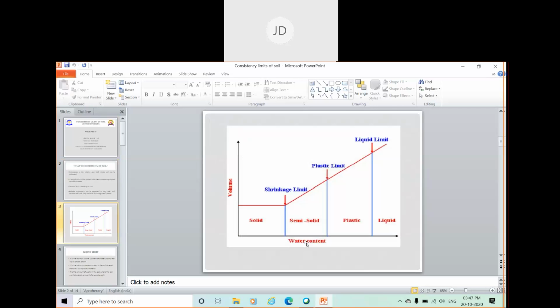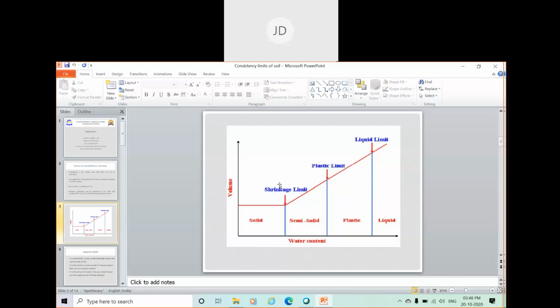We also discussed the variation curve, the change in volume with changes in water content in a particular fine grained soil, and a soil may attain four stages of consistency: solid, semi-solid, plastic, and liquid.